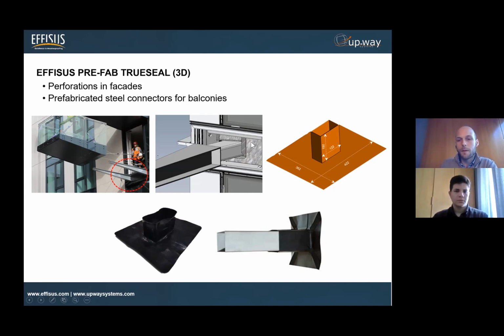And imagine doing this with a standard roll, with scissors, cutting pieces and trying to get these corners done properly. This is simply impossible to do in a correct way.